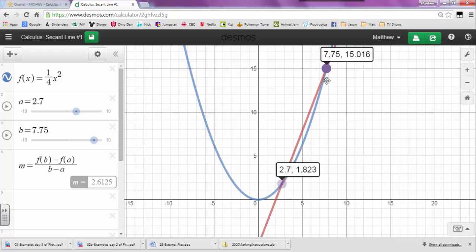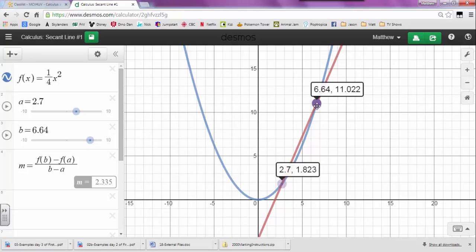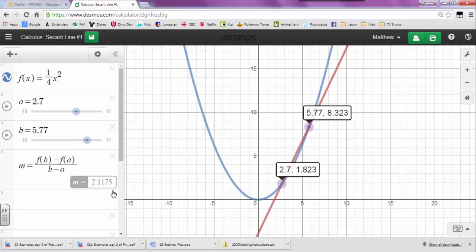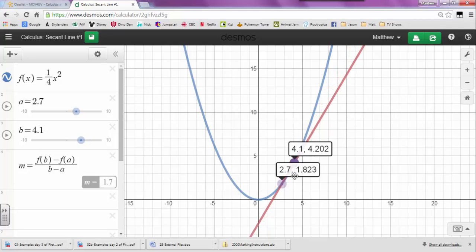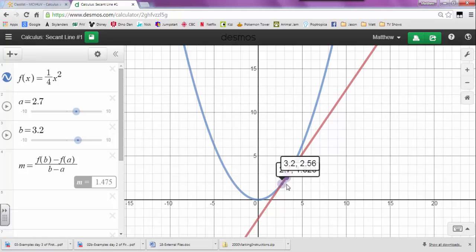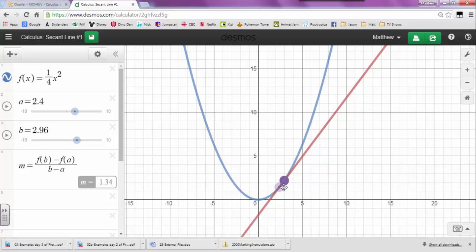Now what you'll notice is as I move this point, my slope is changing. As I get close to this point, so essentially as my points get close to being the same point, my slope is going to approach a specific value.